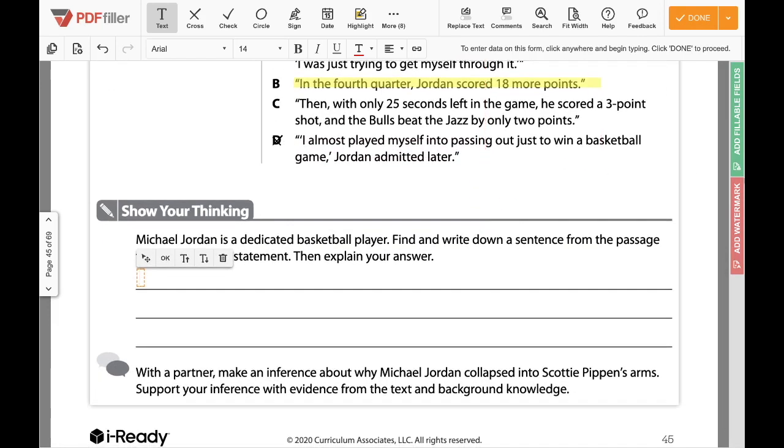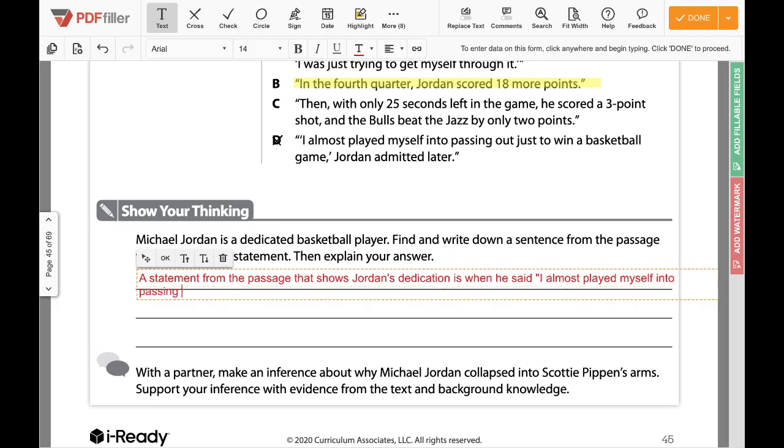So we would say, just like before, we restate in our RATE strategy. So a statement from the passage that shows Jordan's dedication is when he said, "I almost played myself into passing out just to win a basketball game."